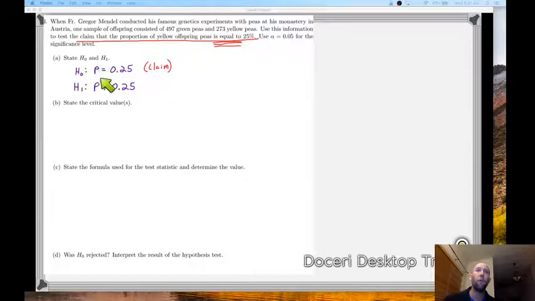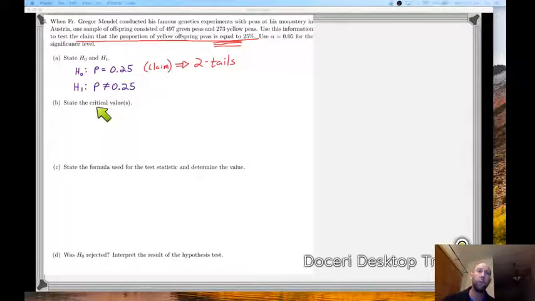Now, the null and the alternative hypothesis always have to contradict each other. Our null always includes equality, but our alternate could be a not equal or a greater than or a less than. But in this case, since this is a not equals, this implies that we have a two-tail test. If it was a greater than or a less than, then we would have a one-tail test.